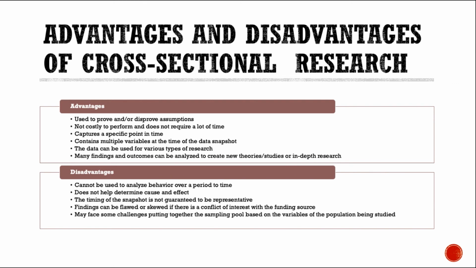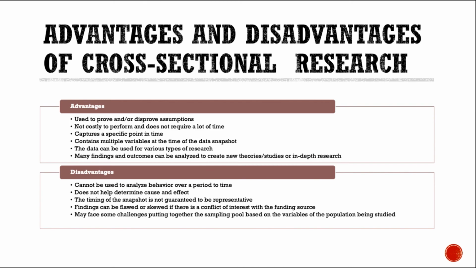What are the disadvantages? The disadvantages are that it cannot be used to analyze behavior over a period of time. It means that if you find something that is applicable for that period of time, after 10 years the finding may not be really applicable because people's behavior changed. It also does not help determine cause and effect. And the timing of the snapshot is not guaranteed to be representative. Sometimes the timing you choose is not really a good time to collect the data.